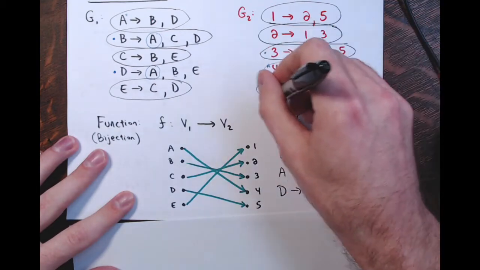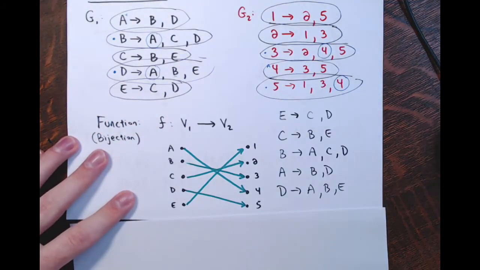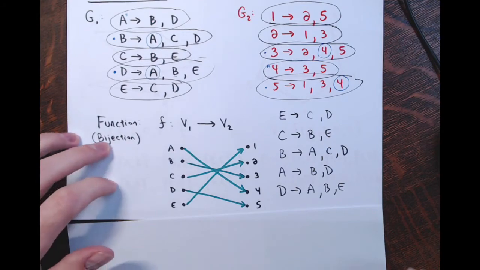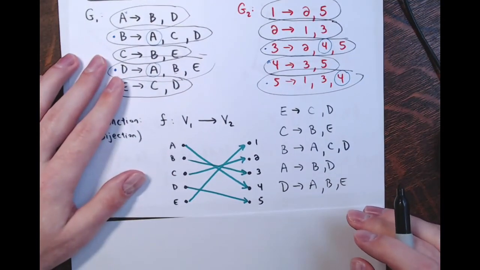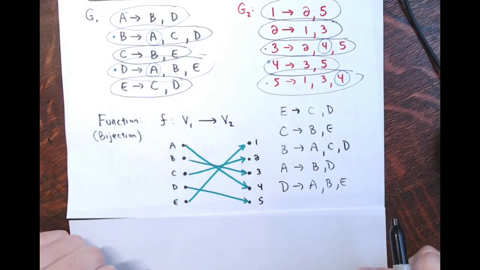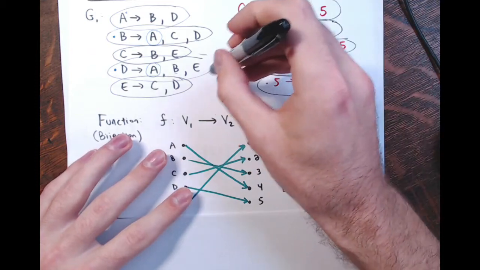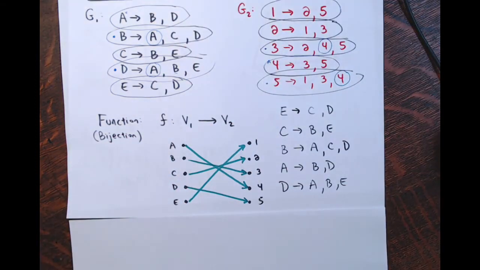And now this row here corresponds exactly to this row here. Now, so there is a 1-to-1 correspondence between the vertex sets that also gives me a 1-to-1 correspondence between the adjacency lists.